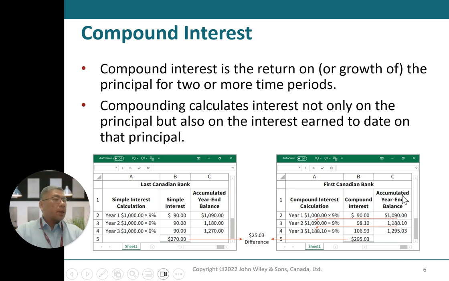On the right side here, you have interest on interest, okay? So in the second year, you get 98.10 here. This is the difference, okay? This is simple interest on the left side. There's no interest on interest, but if you compound the interest, there will be different calculations. So there's a difference here of $25.03. This is compound interest.